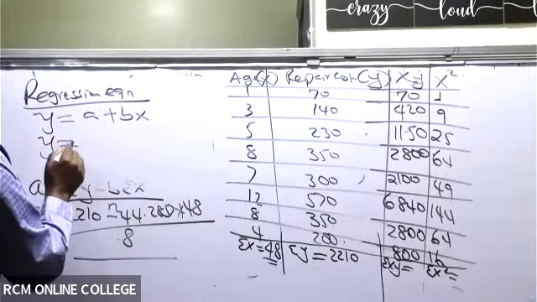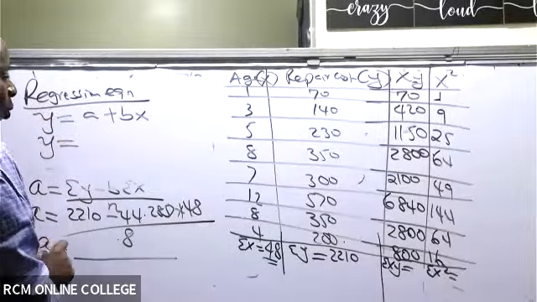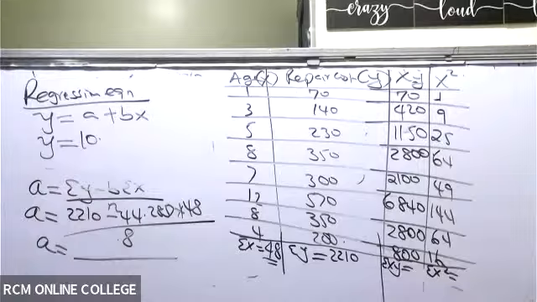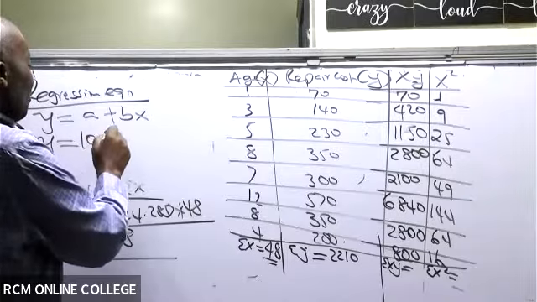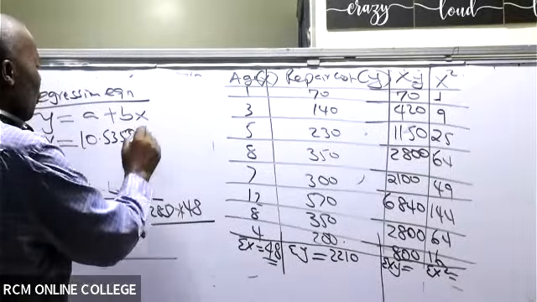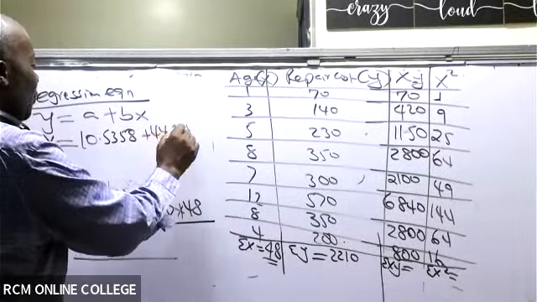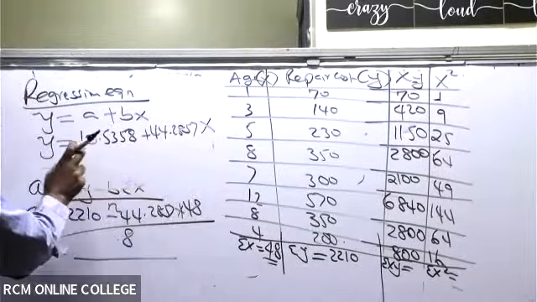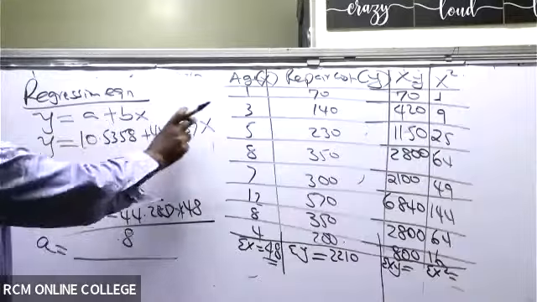So my y will be equal to a, which I remember was 10 point something, 10.5358, plus b, which is 44.2857 x. Remember, the regression equation gives us the connection between the dependent variable and the independent variable.